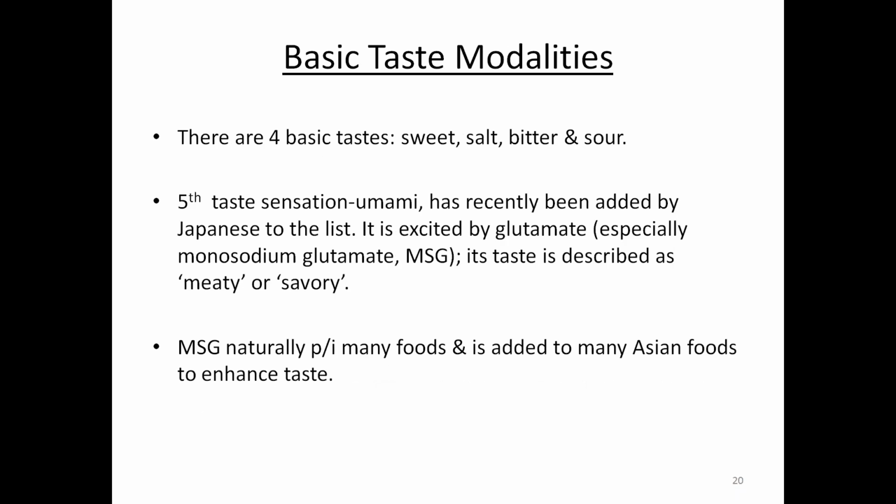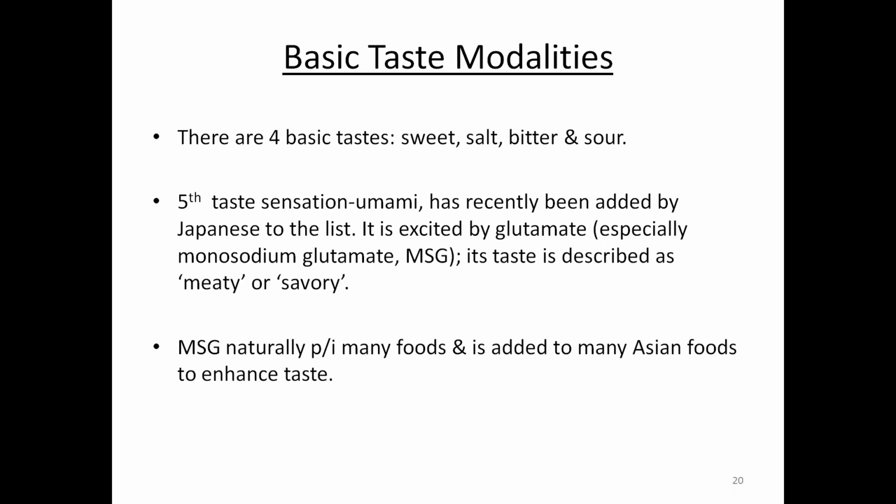Then we talked about the 4 basic taste modalities which were known earlier, but now the 5th one, umami, has been added by the Japanese to the list, and it is excited by glutamate, especially monosodium glutamate, the MSG that we have heard a lot about in the last few years.